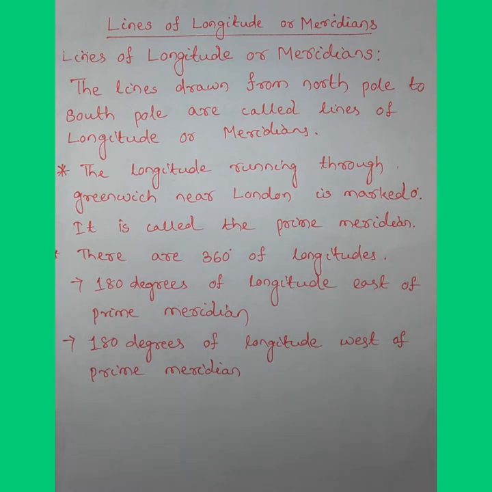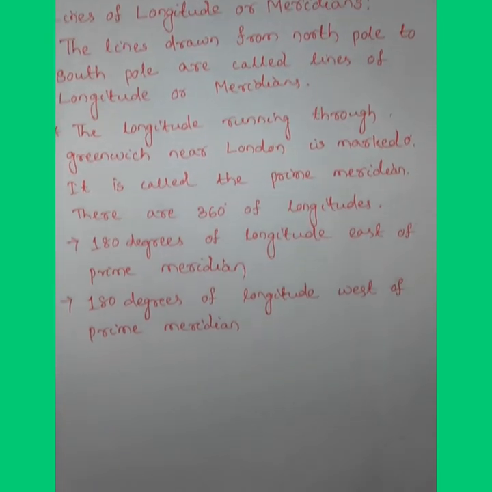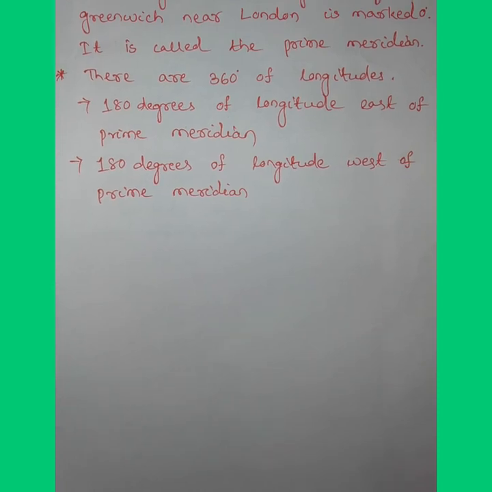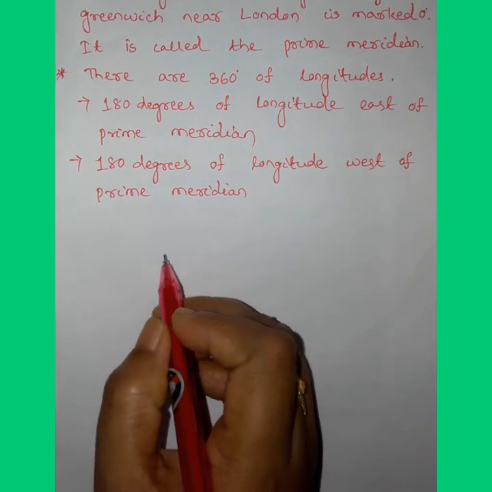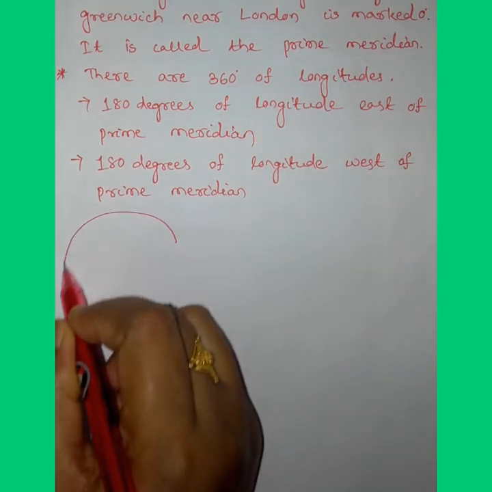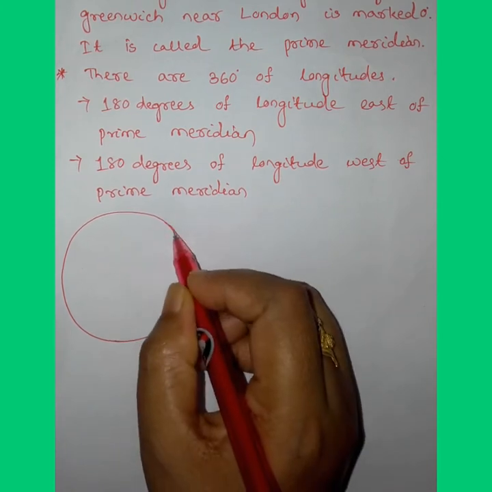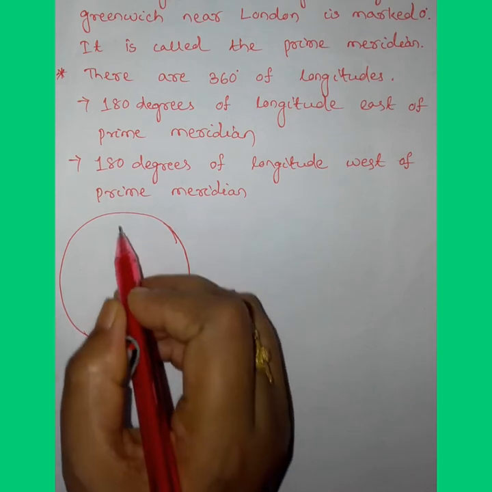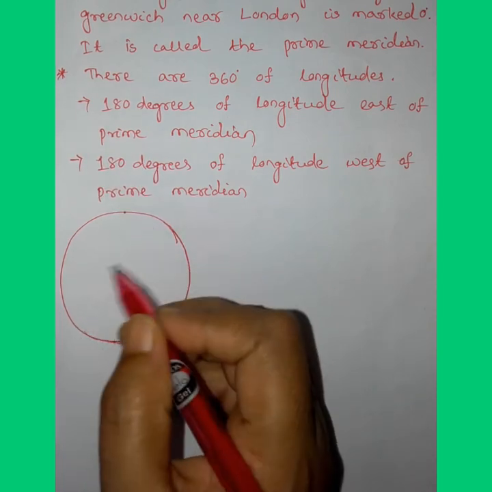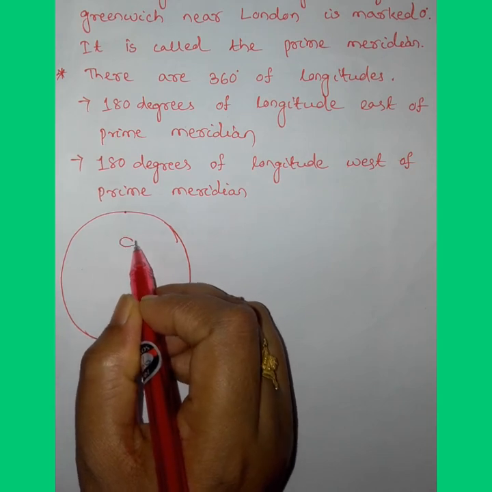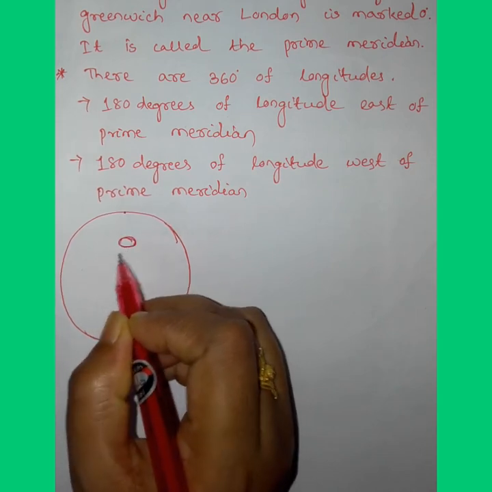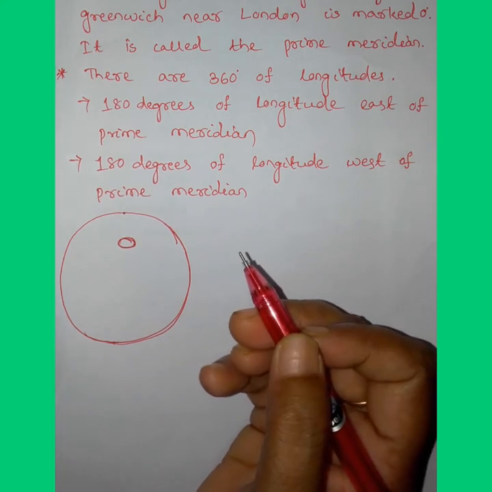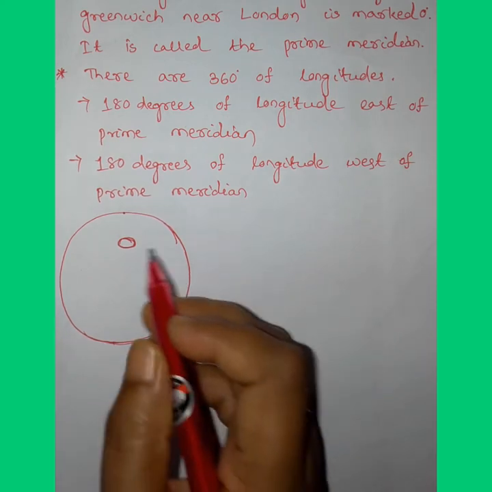Let's see how the longitudes are drawn on the earth's surface. We know the shape of the earth is spherical, slightly flattened at the two poles.